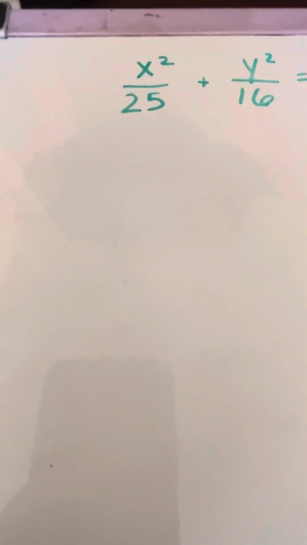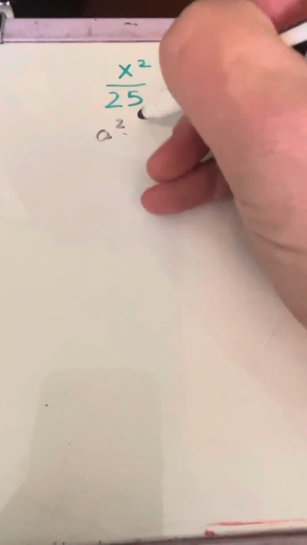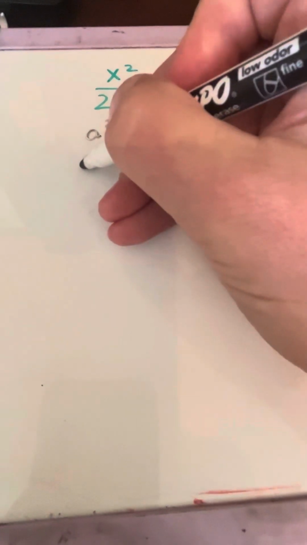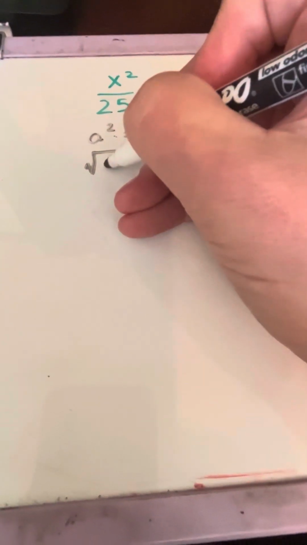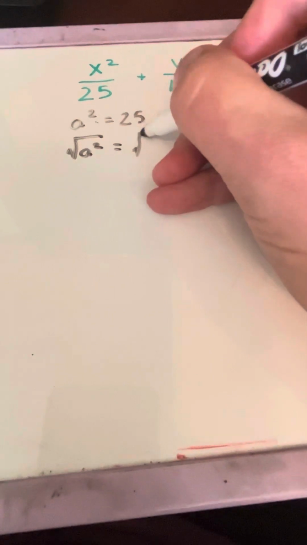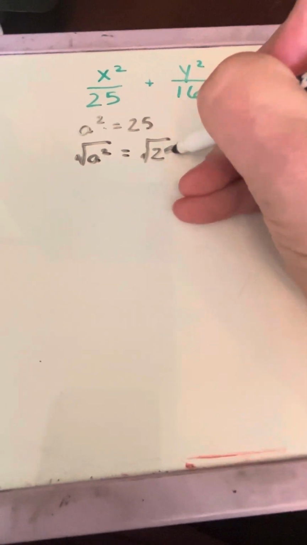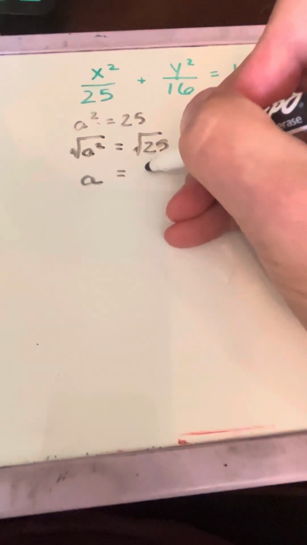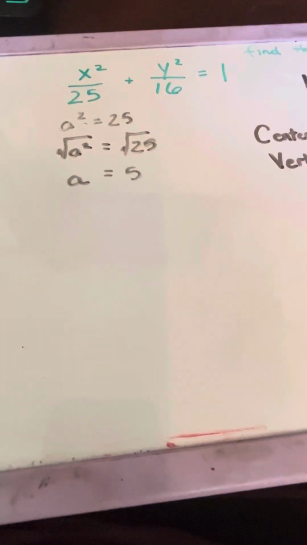So a squared is actually equal to 25. We're going to say a squared is equal to 25. Well, we're going to take the square root of both of those terms. I'm going to show all of the steps here. And then we're going to come out with a equals 5.